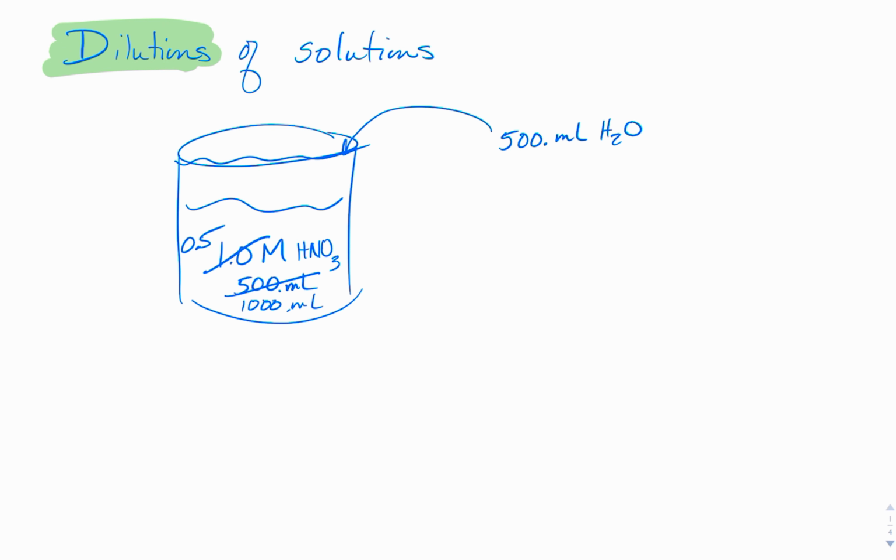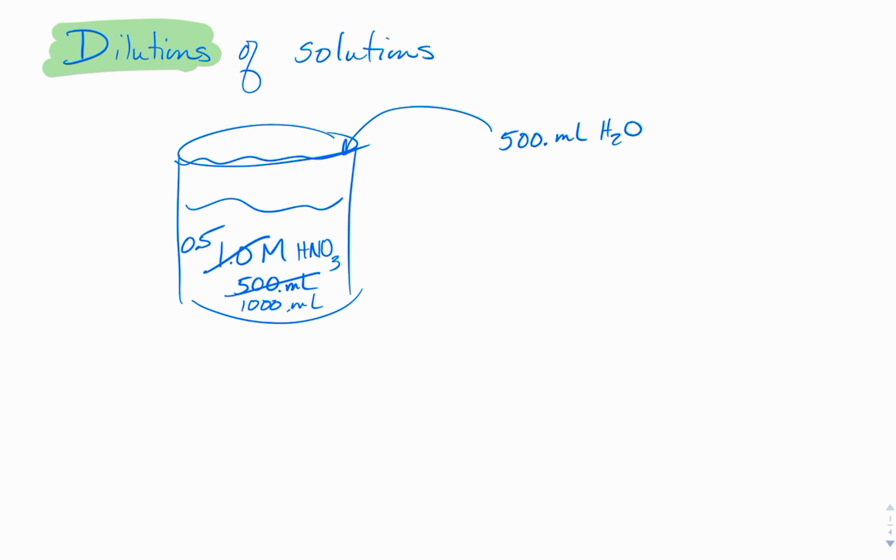So we're going to solve for V2 by dividing both sides by the new concentration. Molarity cancels out, and this leaves us with liters. The volume of our new solution will be, at 4 sig figs, 0.4999 liters. So that is our answer.